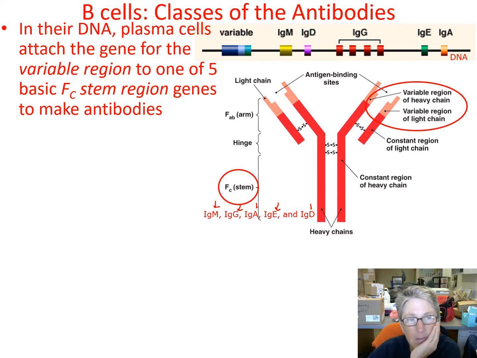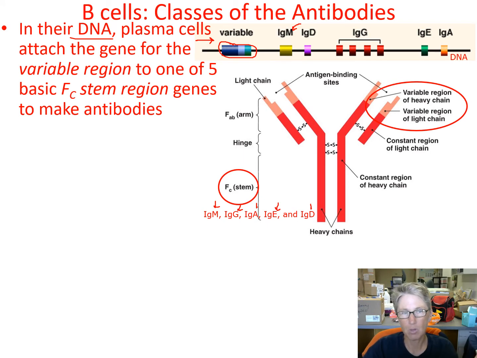So in their DNA, that's what this cartoon is right here, the plasma cells will attach the gene for the variable region. And here are the different variable regions. This is a variable region, which is unique to a single B cell.